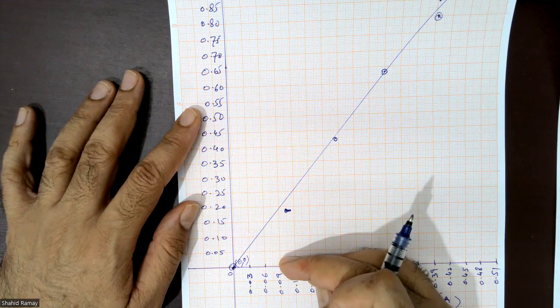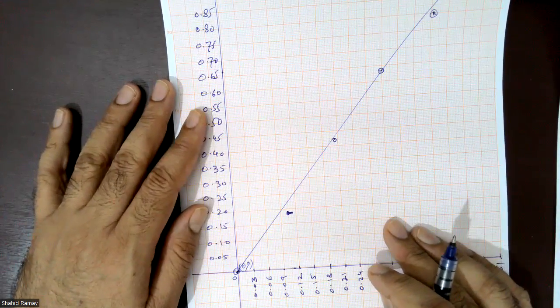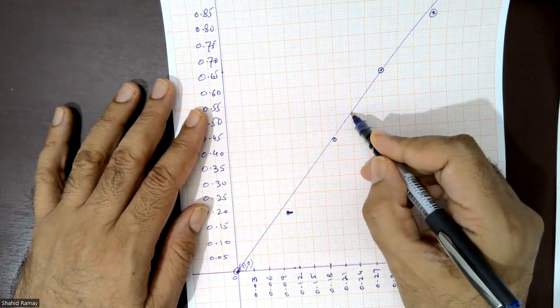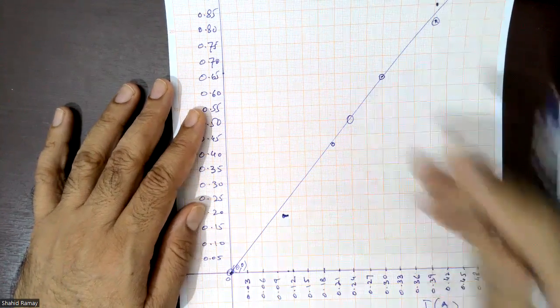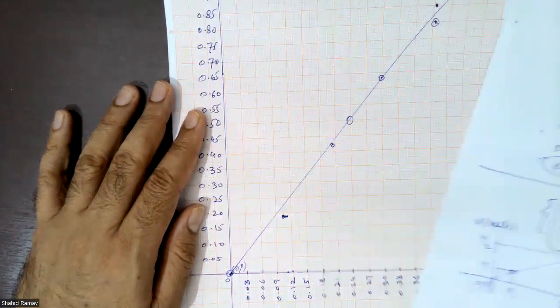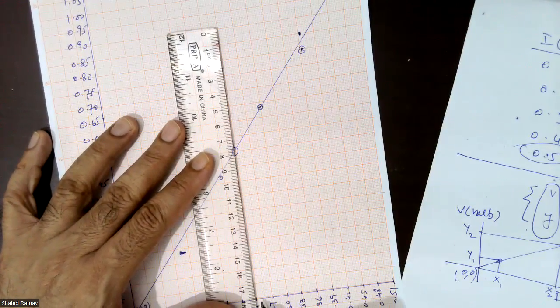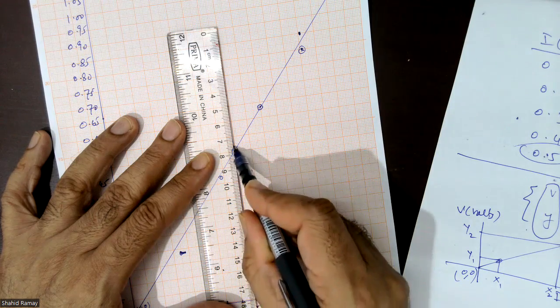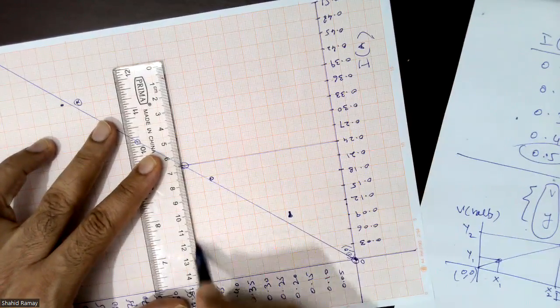First see that point. If you cannot read easily, then take any point. So I think it's better you take this point easily. So if I take this one, then I draw the line here. This is the line, and this is this point.